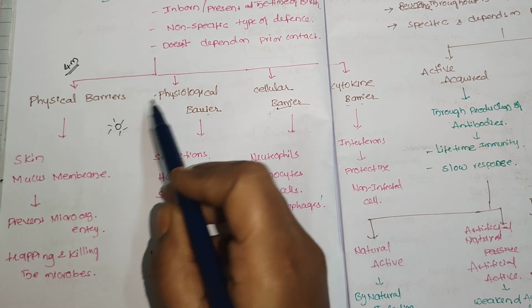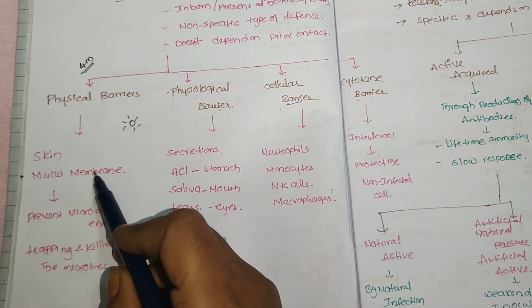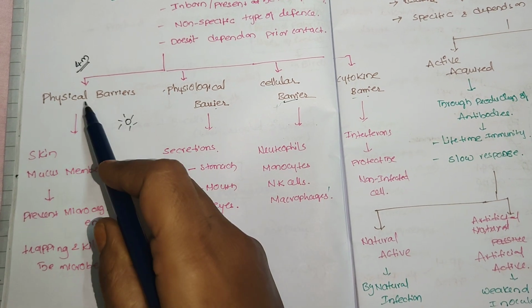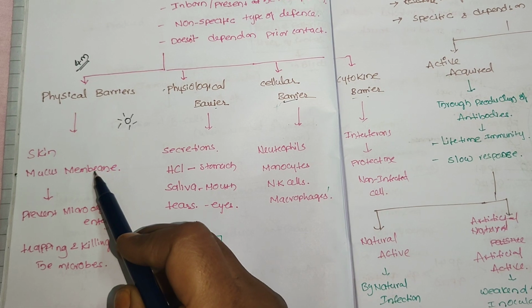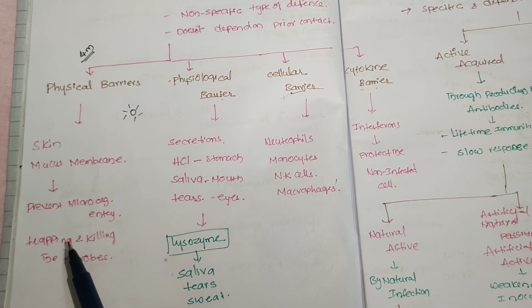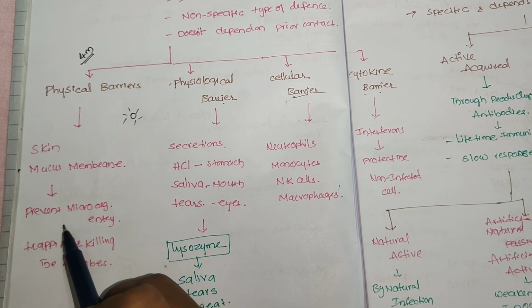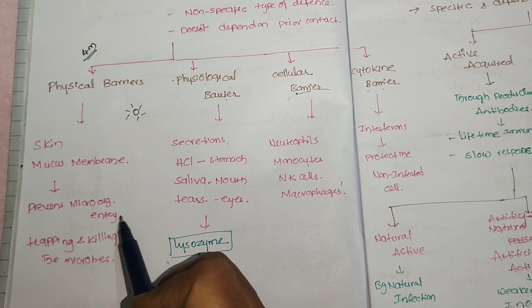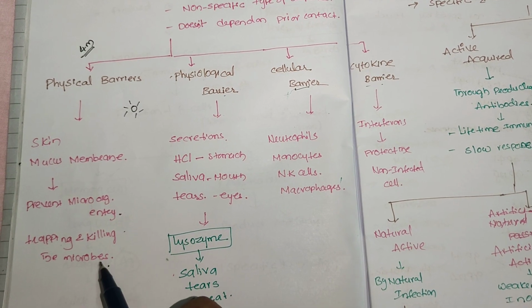Pathogen and antigen are similar here. Examples of physical barriers are skin and mucous membrane. Physically they defend and protect from the pathogen. The mucous membrane prevents microorganisms from entering, and also traps and kills them.